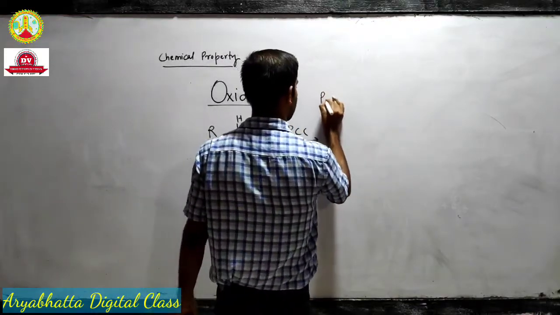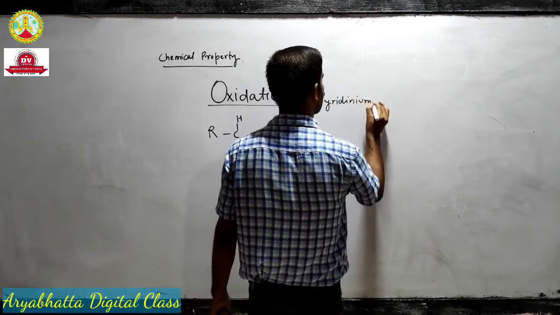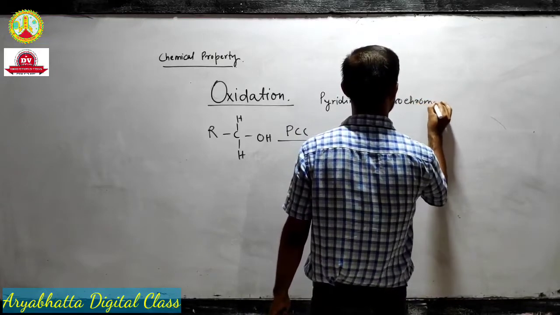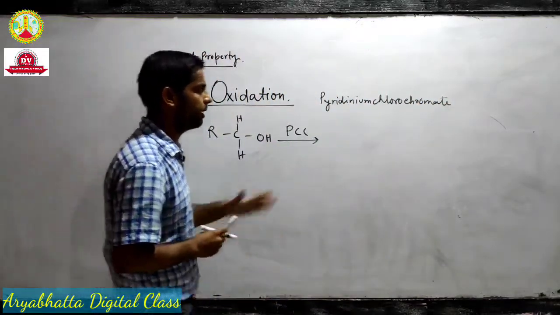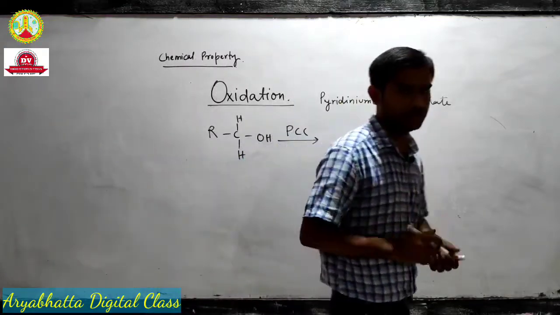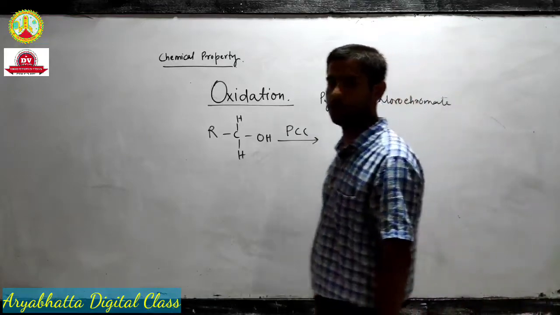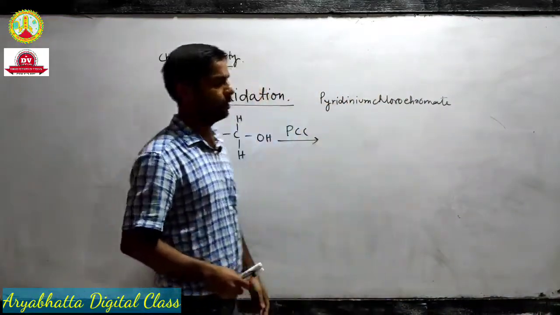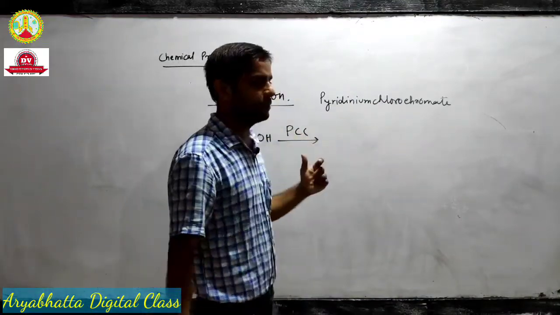PCC is called pyridinium chlorochromate. Pyridinium chlorochromate is a complex formed by pyridine and chromic oxide, CrO3 and pyridine.